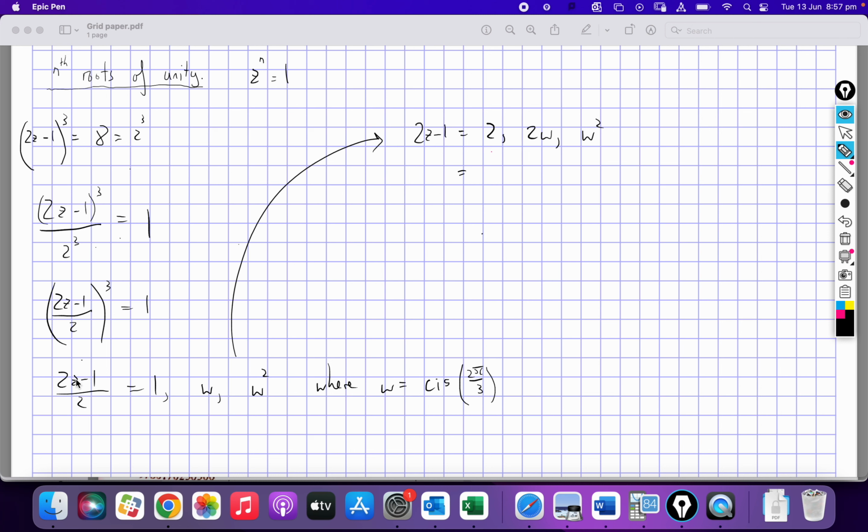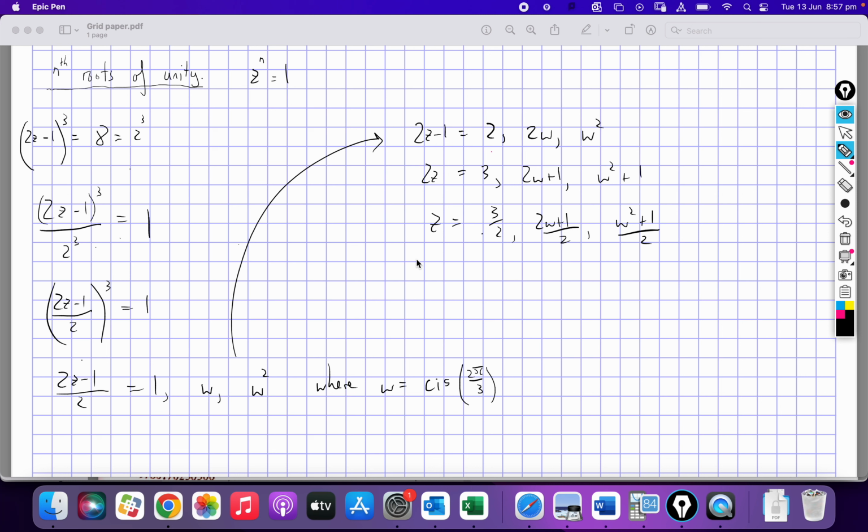We need to add 1, so we add 1 to everything. 3, 2w plus 1, w squared plus 1. And now we need to divide by 2. So we get 3 on 2, we get 2w plus 1 on 2, and we get w squared plus 1 on 2.